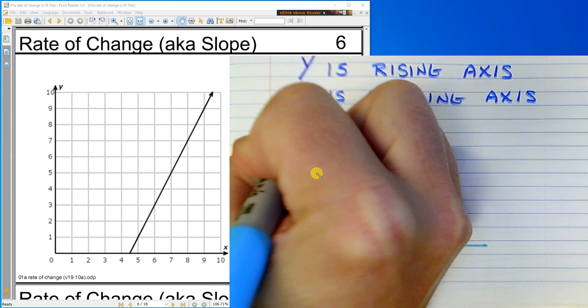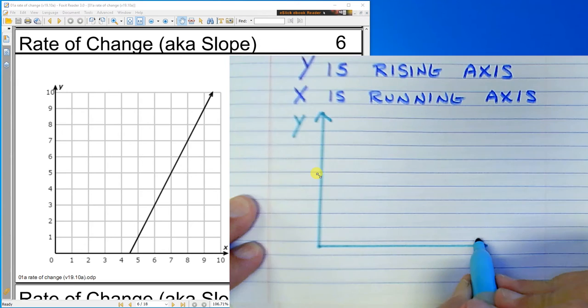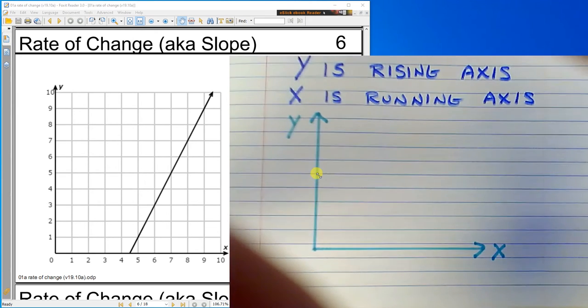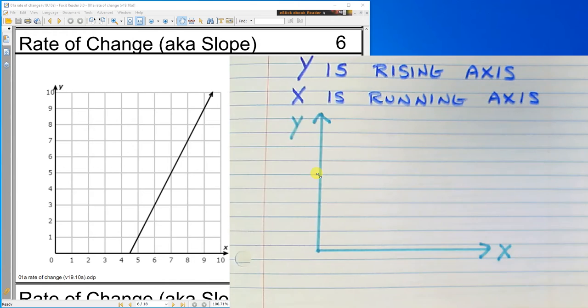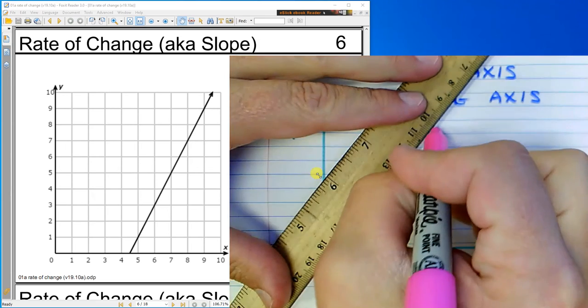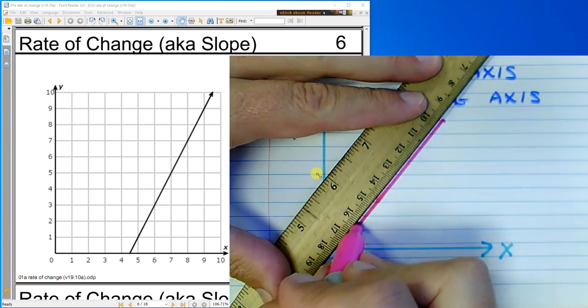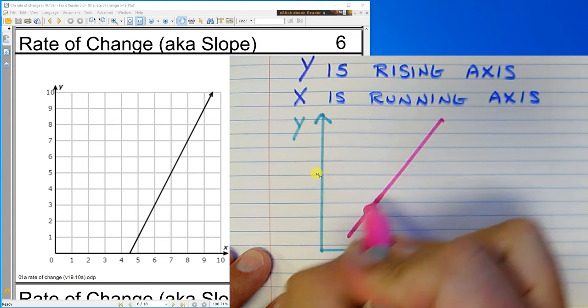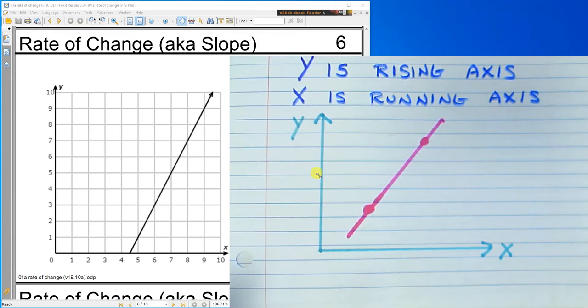So this is our y, this is our x. Let's see if I can focus this a little bit better. There we go, a little bit better focus. Here's my line. So to find the slope of this, I start by finding two good points.